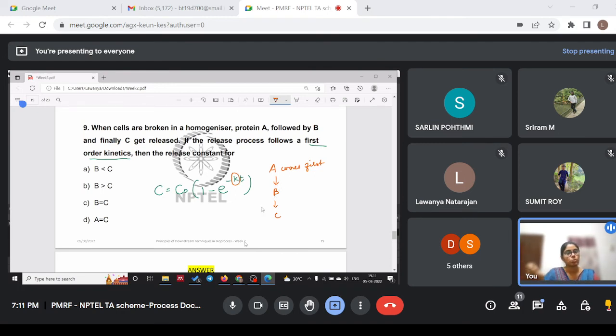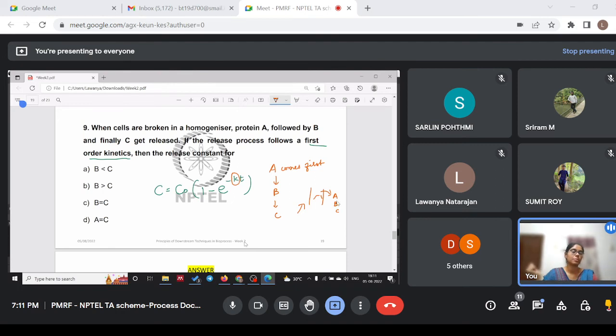The thing is, in a homogenizer, after each cycle of homogenization, if you were to analyze the concentration of each of these species in that liquid, first A's concentration peaks, then B gets released, and finally C is released.